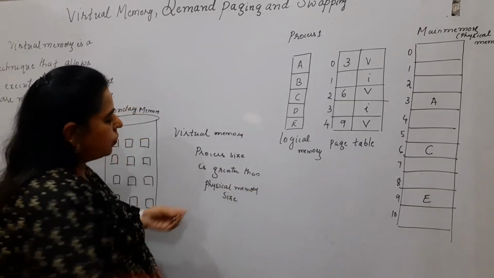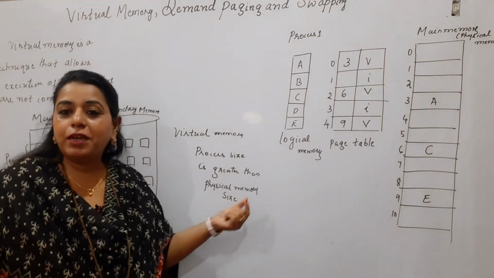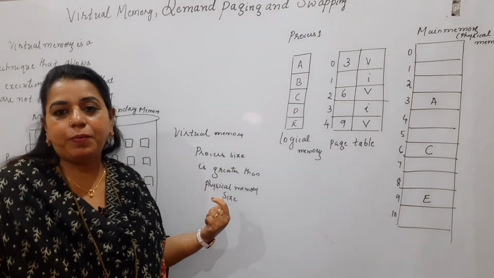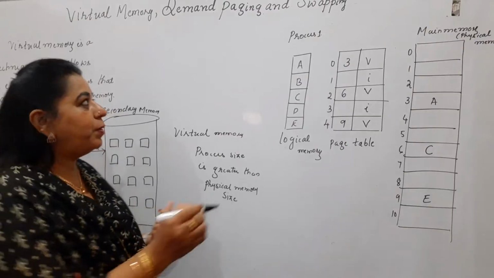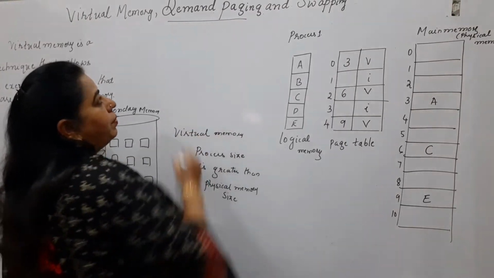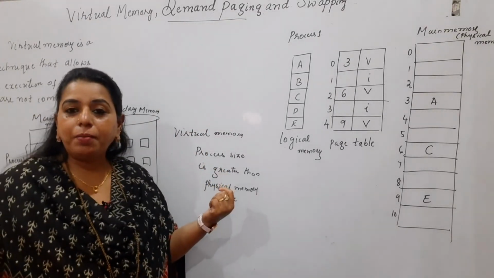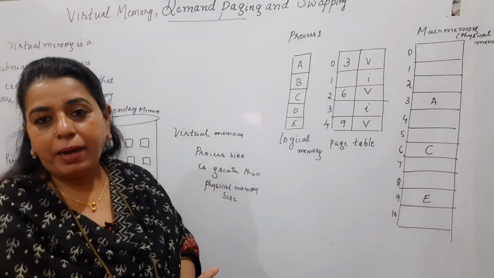So it looks quite surprising here. The process size itself is more than the size of the physical memory. So how is it possible? It is possible with the help of demand paging. So virtual memory can be implemented using the demand paging.